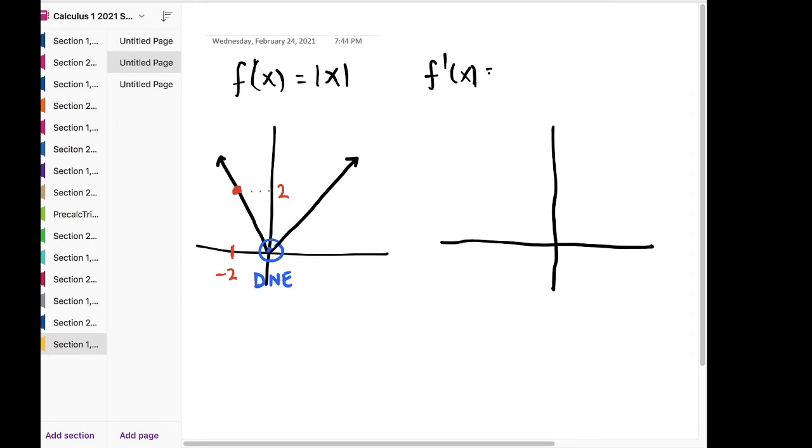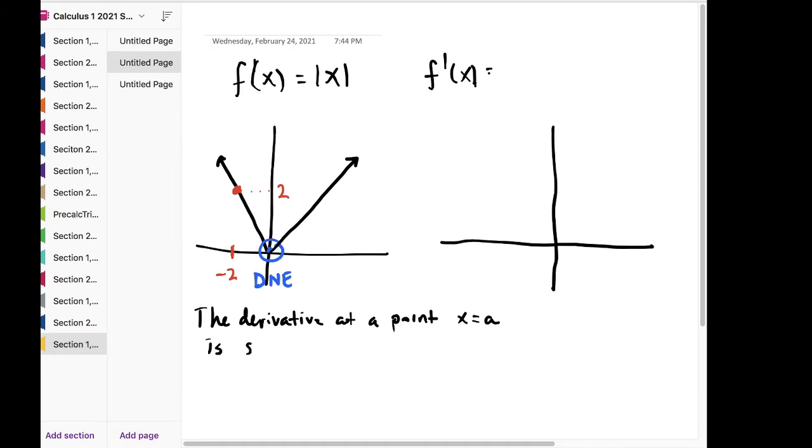What is the derivative again? Can you describe geometrically what the derivative is? The derivative at a point is, so remember how we first, good, this is slope.